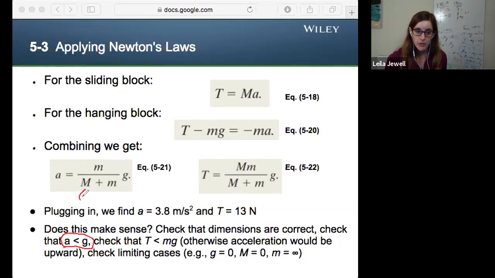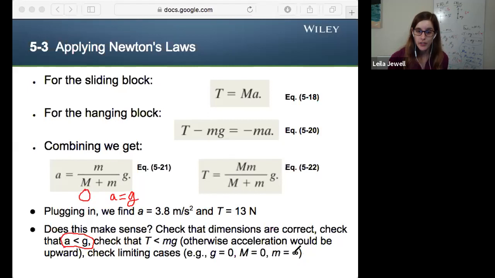If the big mass is 0, then the little masses would divide out and our acceleration would just be equal to g. In other words, the hanging mass would just be in free fall. That makes sense, because if there is no big mass, then it's like we've cut the rope and the hanging mass is just able to fall. And the tension would be 0, similar to if we cut the rope.